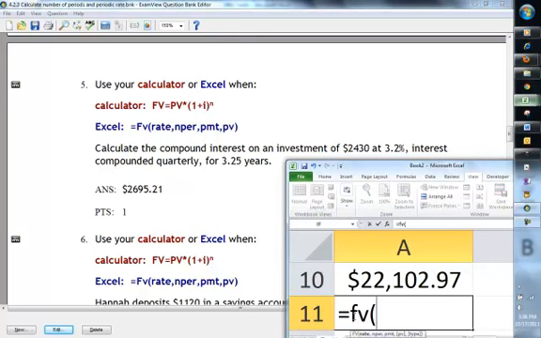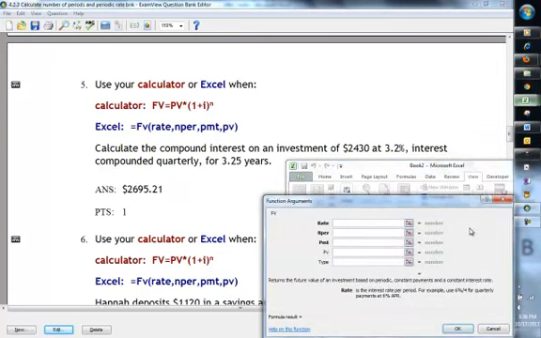When we know the present, let's fill them in. It says compounded quarterly, 0.032 divided by 4. And then number of periods is 3.5 times 4. No payment. And we start out with negative 30, so we end up with $26.95.